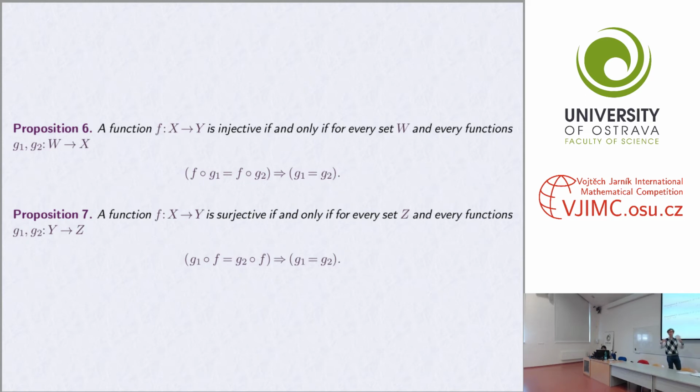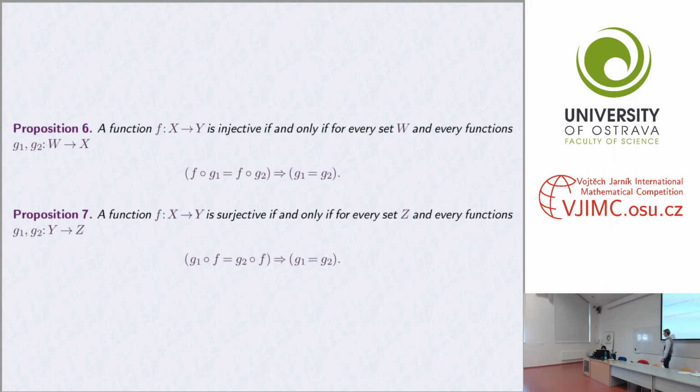And then the dual notion, for surjectivity, would be very similar. We just have to look at functions g1 and g2 that go from the codomain to some additional set Z, and basically cancel f from the other side.